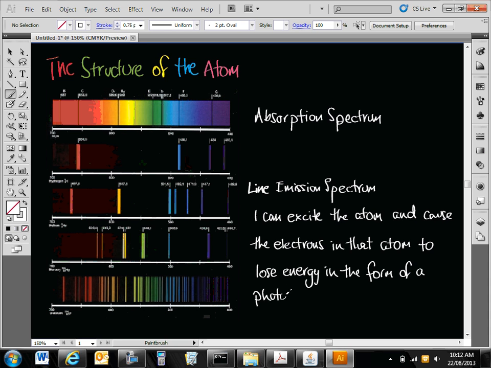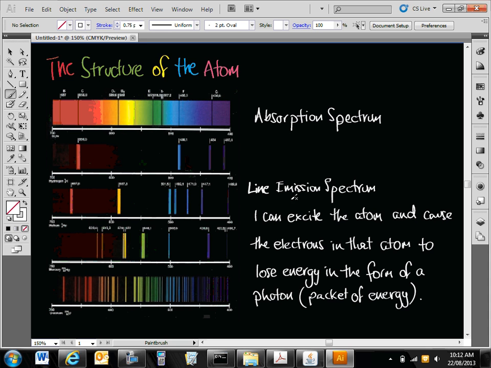Now, I'll just be careful with using photon here, a packet of energy, because we're talking a little bit about the wave properties of the energy that's being emitted.